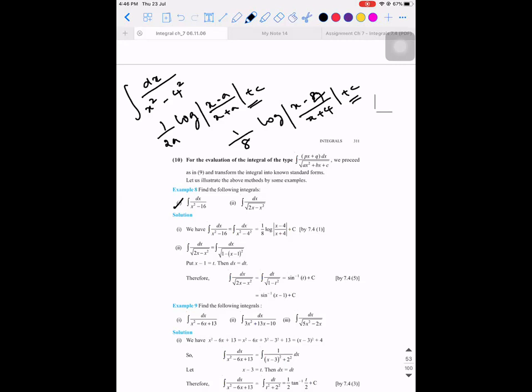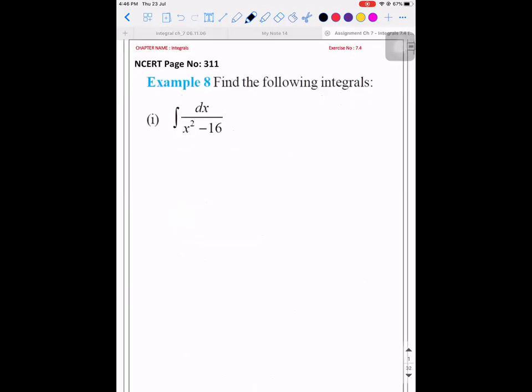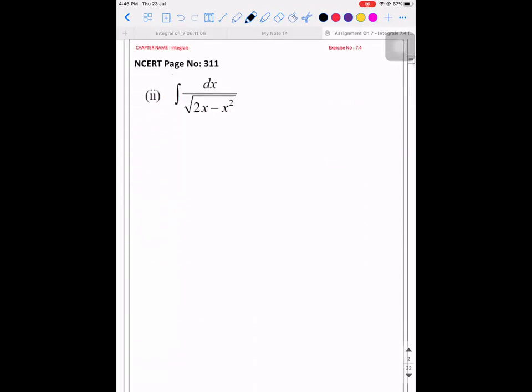Are you guys able to understand this? Yes, sir. Okay, now listen. The second one, if you observe, integral of dx divided by square root of 2x minus x square. You don't have a format like this. So make a note of it.